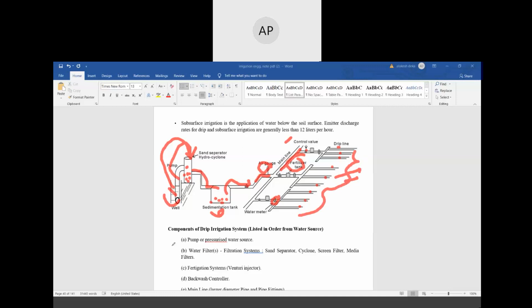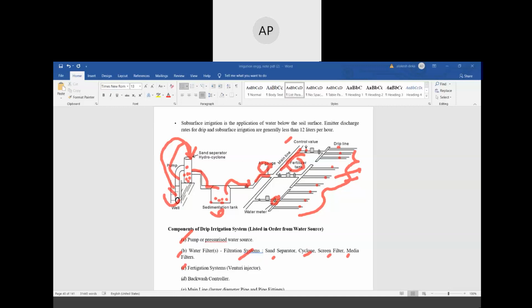It has a pump or pressurized water source. It has a water filter, which means the water is totally filtered. Filtration system: sand separator, cyclone, screen filter, media filter. Media filter means in the filter we have different media, isn't it? Sand particles, stones, and sometimes a rapid sand filter. All this, and the fertilization system, that means Venturi injector.